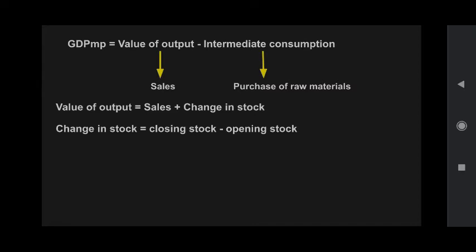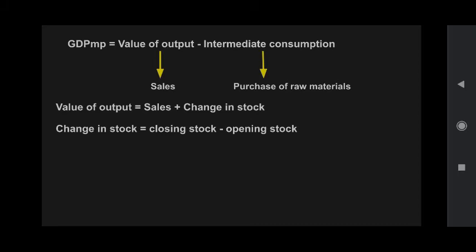And when you have purchased the raw material, let's talk about leather, thread, whatever it is, using these raw materials, whatever payment you have made for the purchasing of these raw materials is known as intermediate consumption, right?